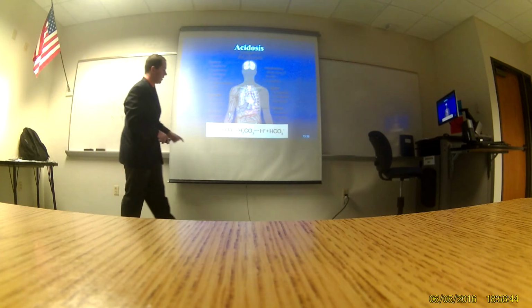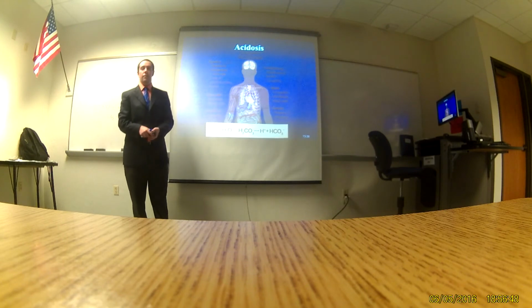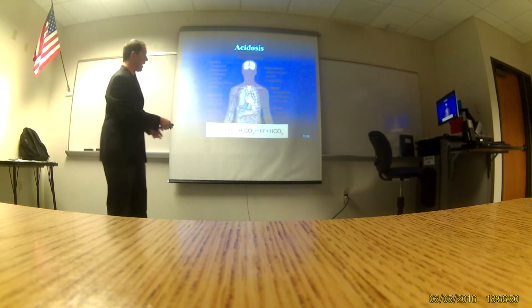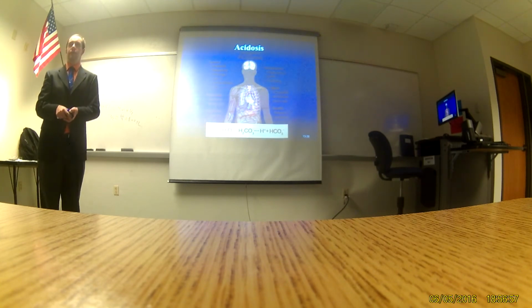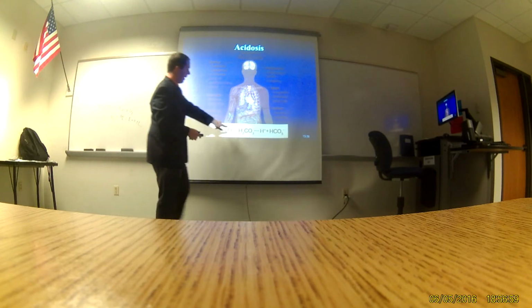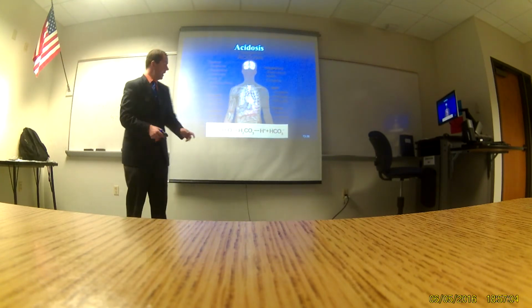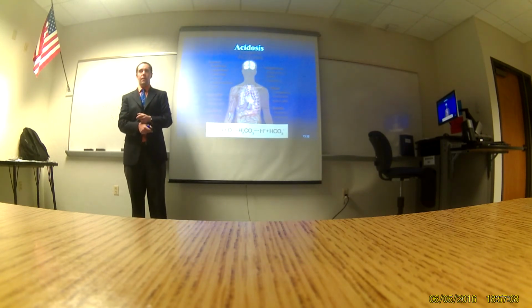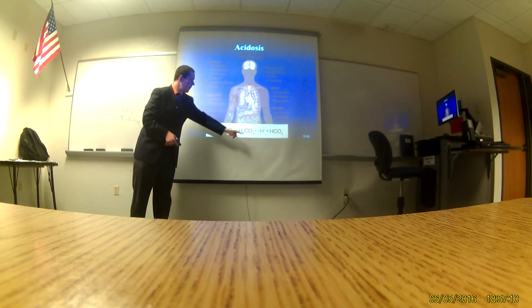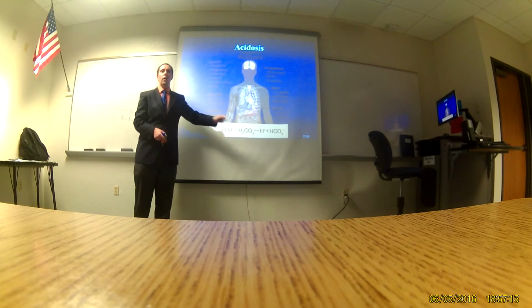In this situation, we have our carbonic acid here, that is the carbonic acid in our blood, and that is our bicarbonate. So this is our blood. We have carbonic acid and bicarbonate, and it lives in the middle here as carbonic acid. Carbonic acid can break apart into CO2 and water.